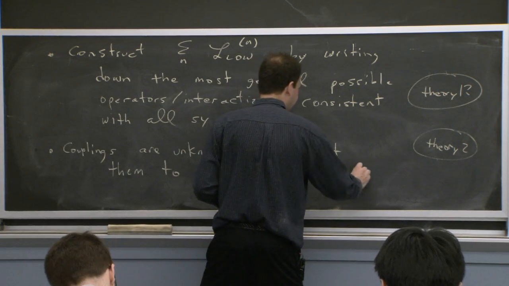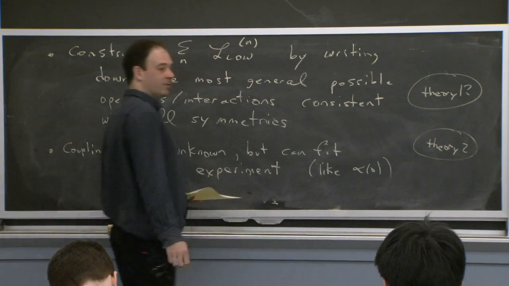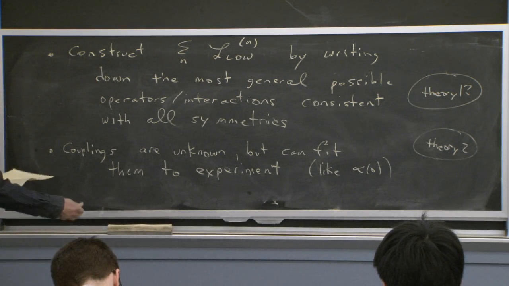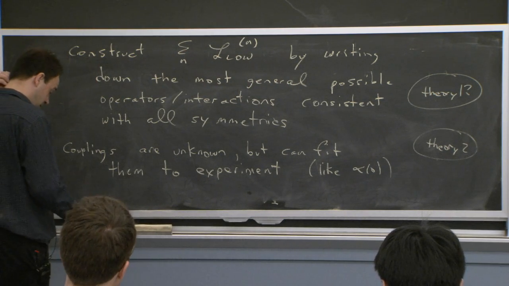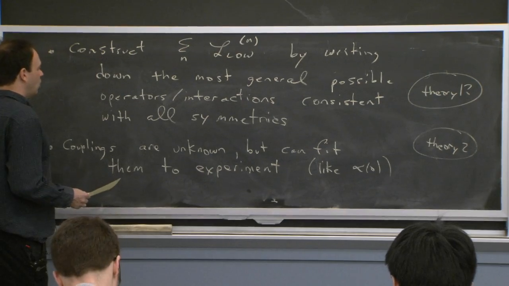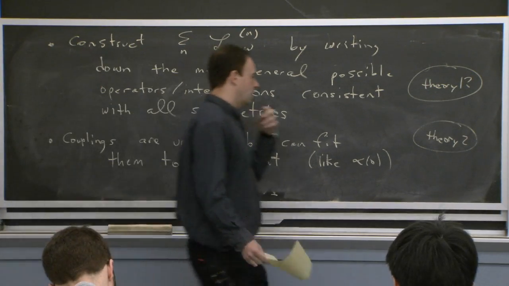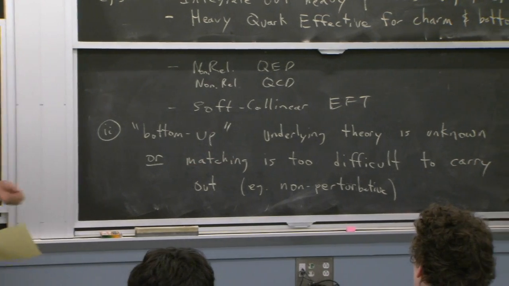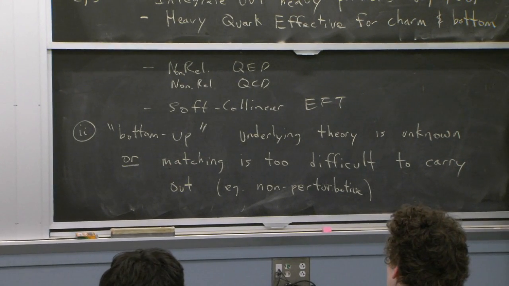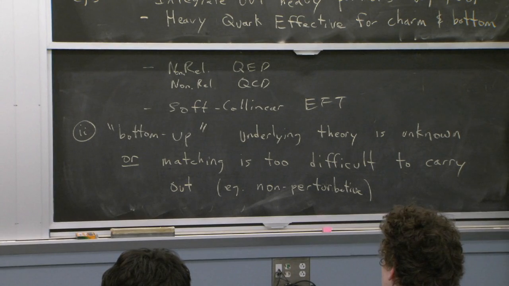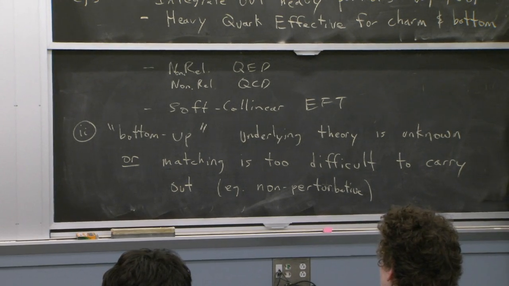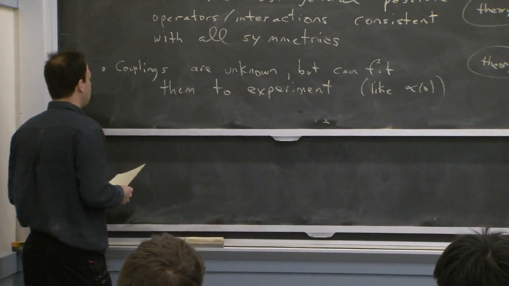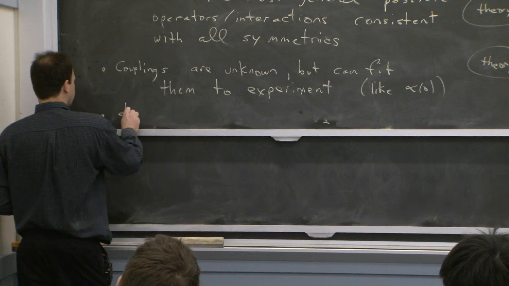Like for hydrogen, where we have very few parameters in the effective theory, but we can make lots of predictions from non-relativistic quantum mechanics. Or it could be in the case where the matching is too difficult that maybe you have to carry out the matching numerically, like with lattice QCD. And so that would be another possible way of determining couplings. And again, the desired precision tells us when to stop.